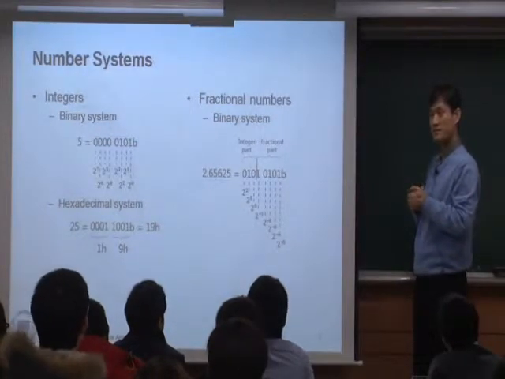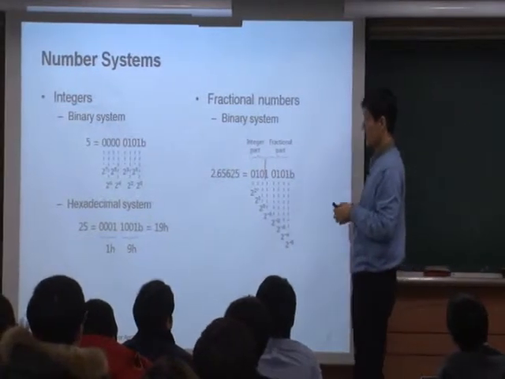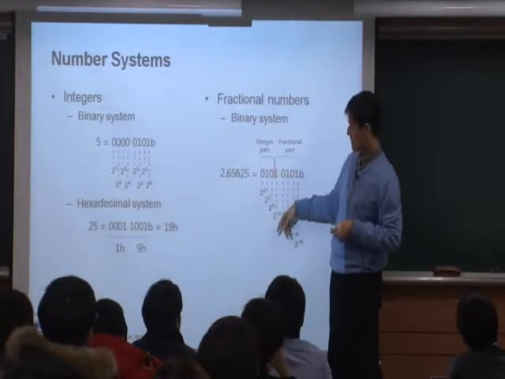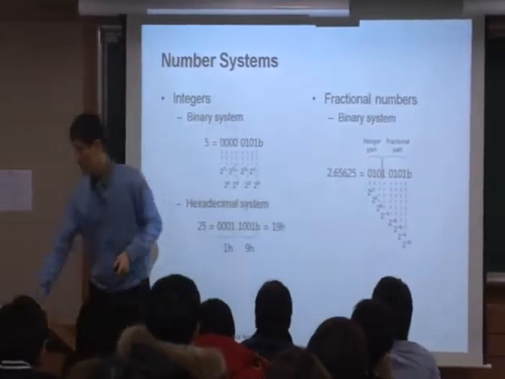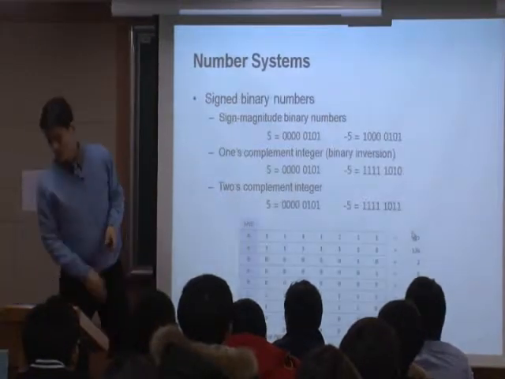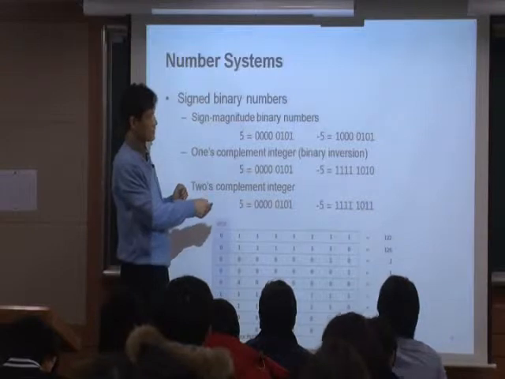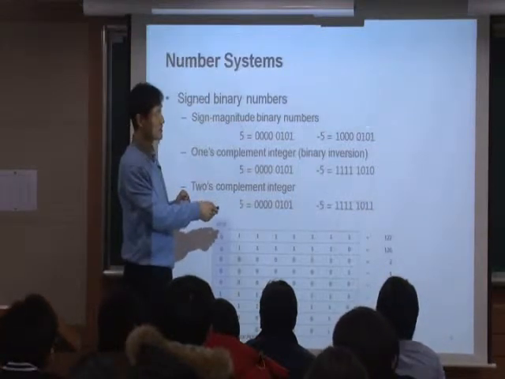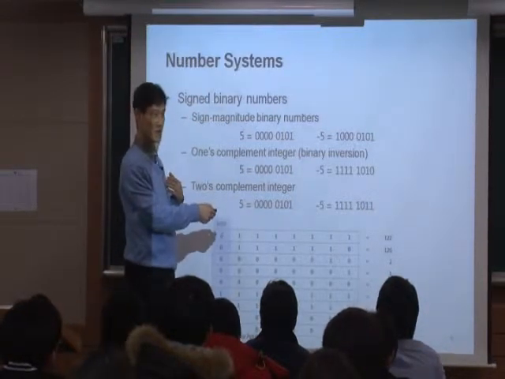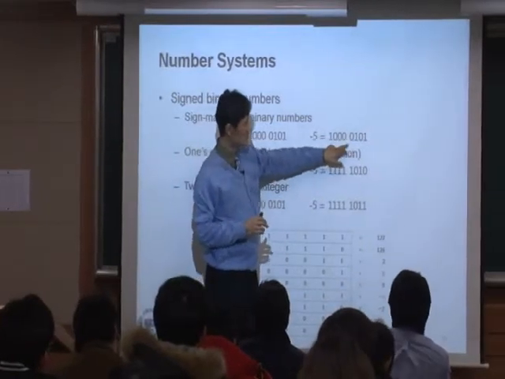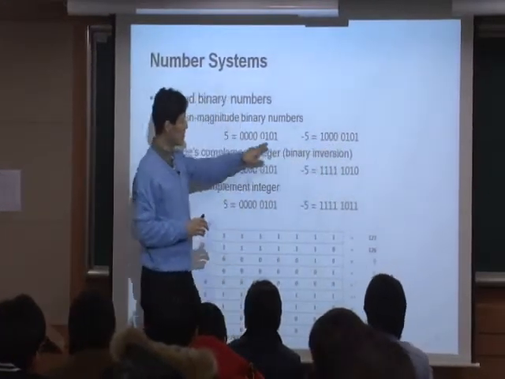And not only that, we are talking about negative numbers also, right? So who said that this is a negative number? We did. The microprocessor doesn't know whether this is minus, negative, or positive.